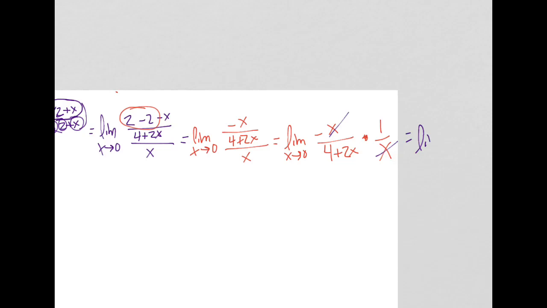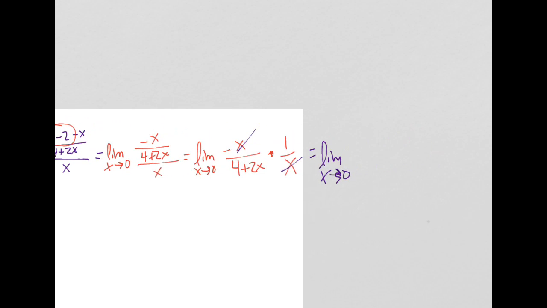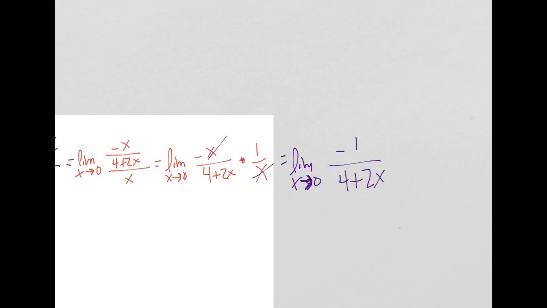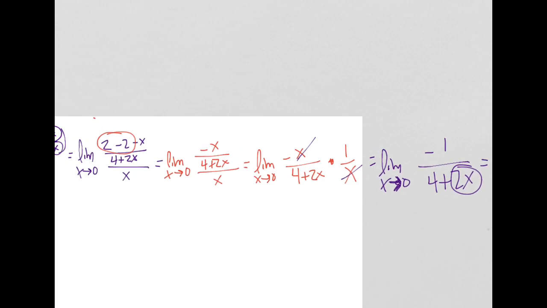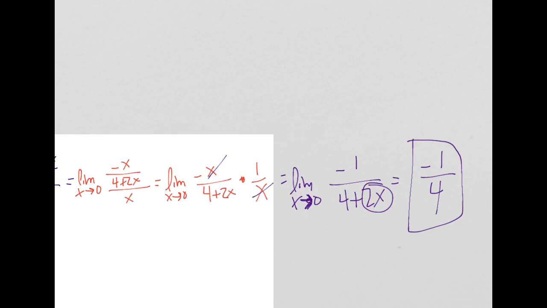And so we get the limit as x approaches 0 of negative 1 over 4 plus 2x. Now we can directly substitute in to get negative 1 over 4, because we get 2 times 0 there, which is 0. So the limit as x approaches 0 of this function is negative 1/4.